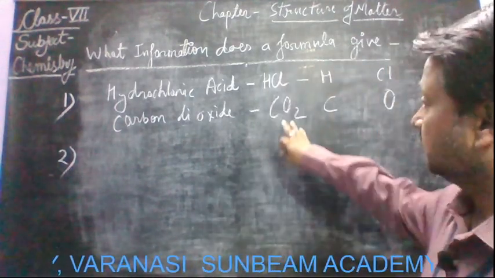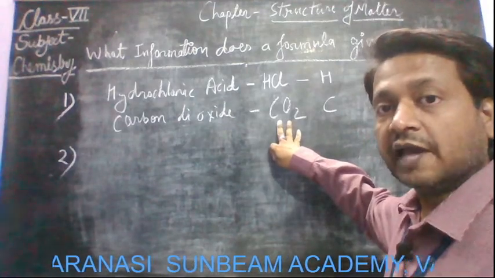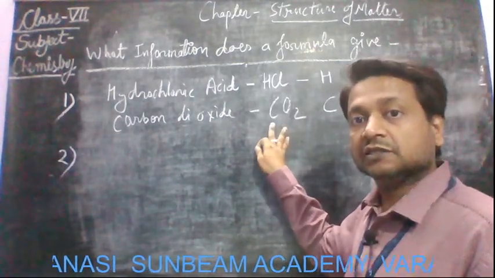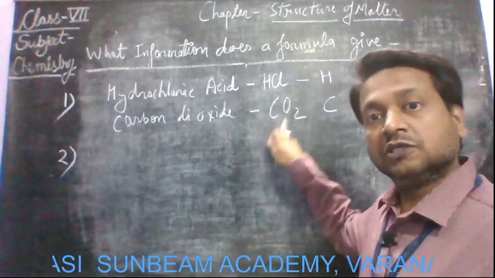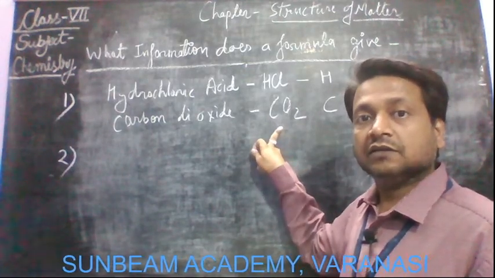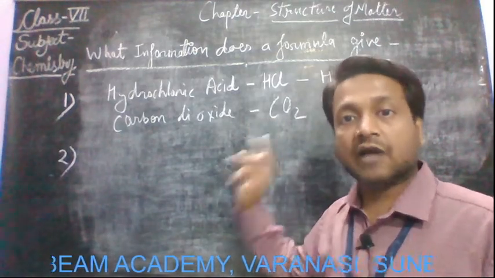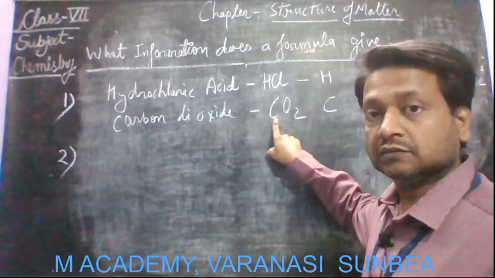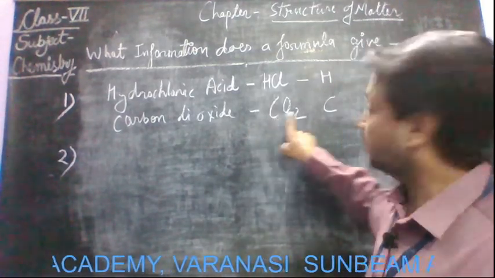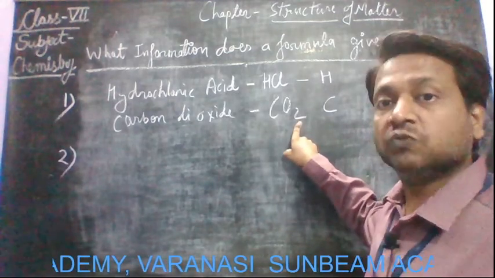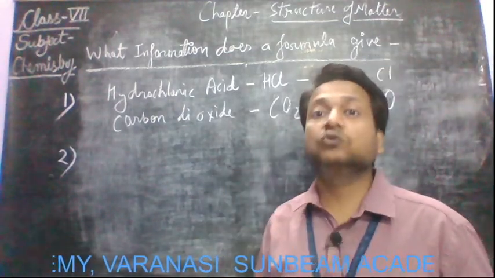And in carbon dioxide, as it also has the two elements carbon and oxygen, this informs us that in one molecule of carbon dioxide the number of carbon atoms is 1 and the number of oxygen atoms is 2. That is why the formula is written CO2.